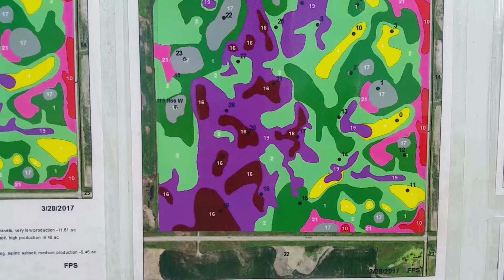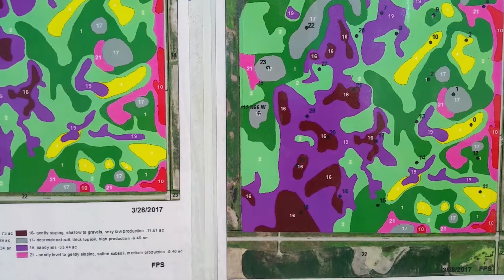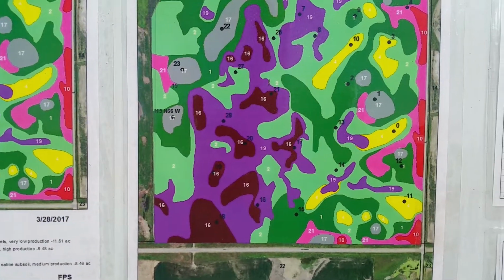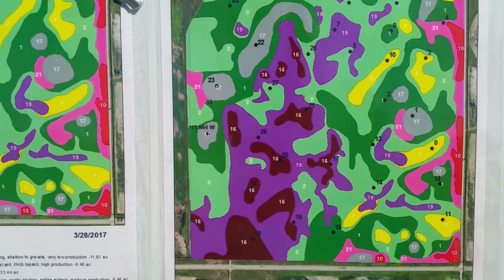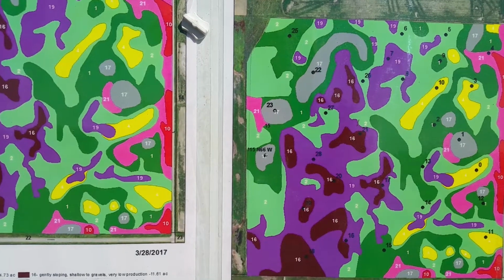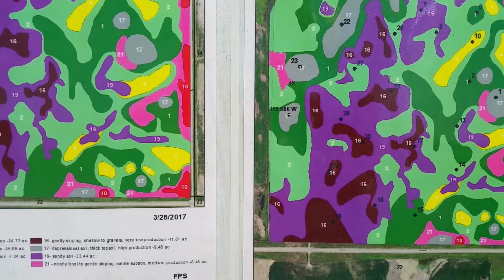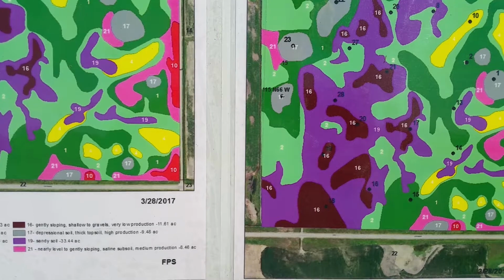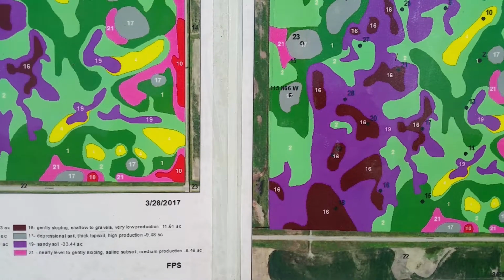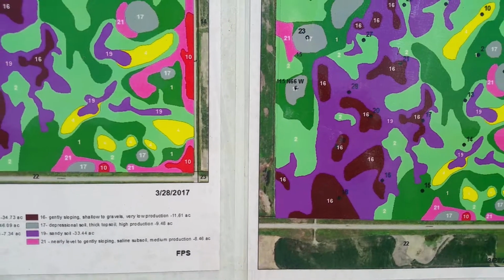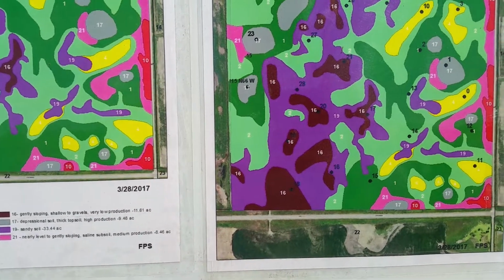And that works for every soil. Zone 17 has, over here on the east side, a point 1. Then in the north central, 22, 23, and I'm not sure what that point is underneath that 17, that white 17. That's a sample point.